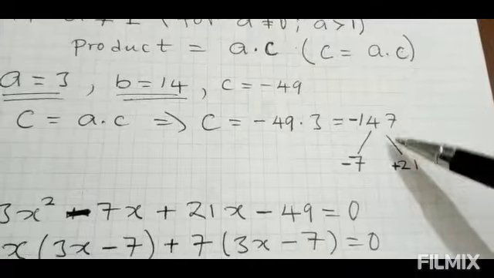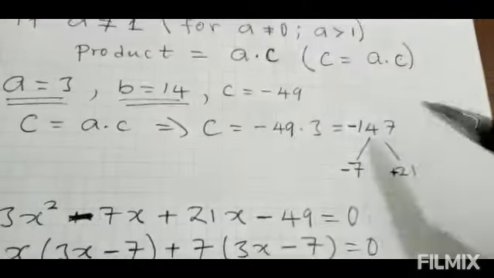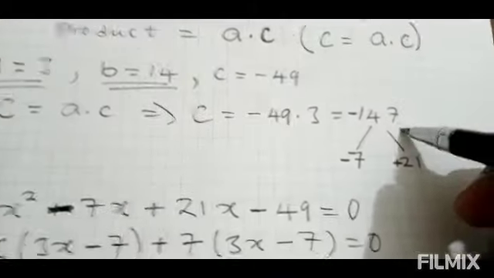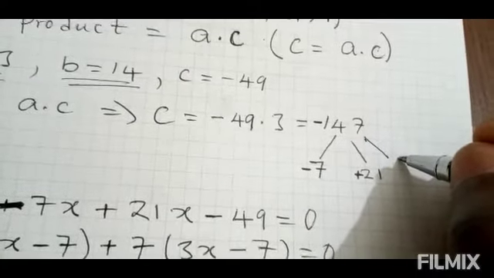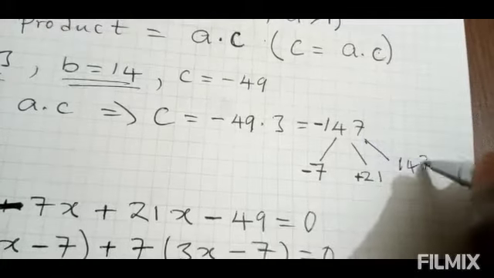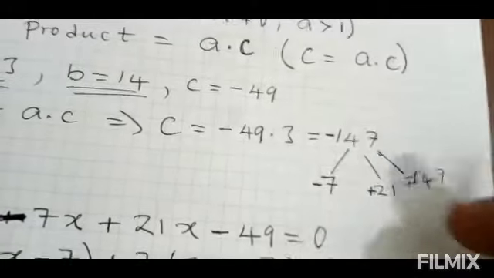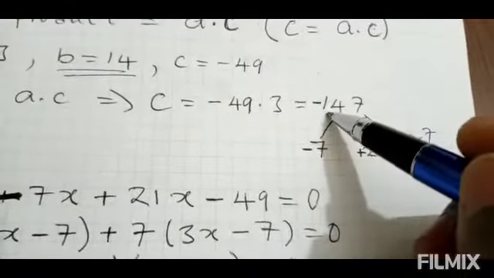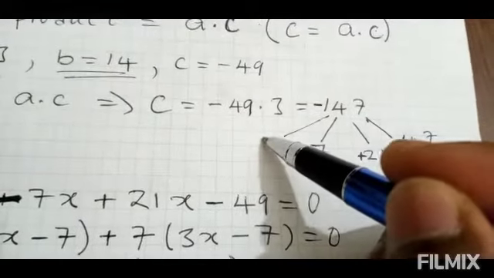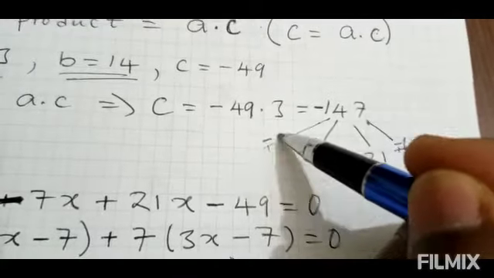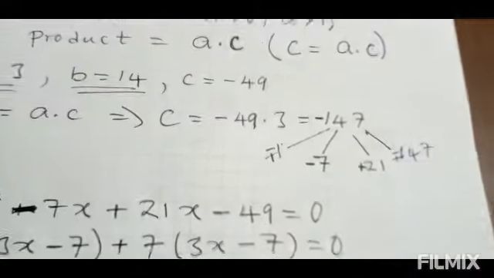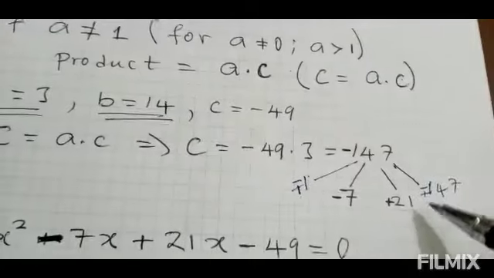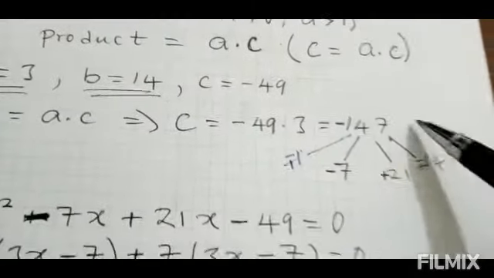Minus 147 itself, or 147, plus or minus, is also a factor, and of course 1 is a factor of every number, plus or minus 1. But we can't list all of them.